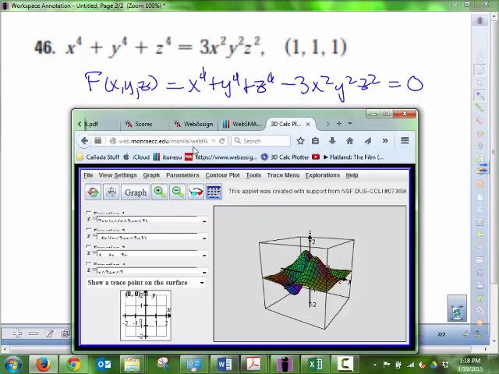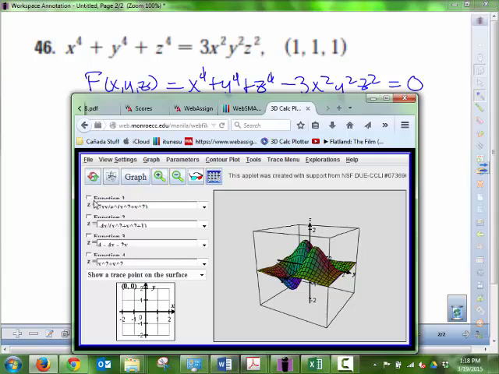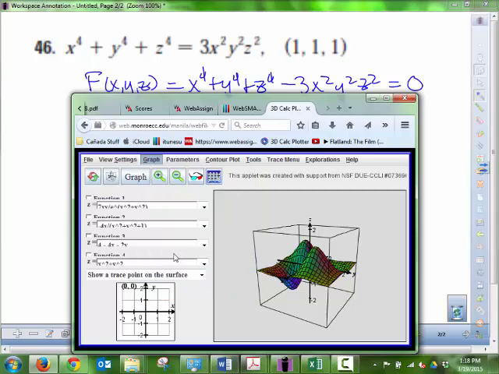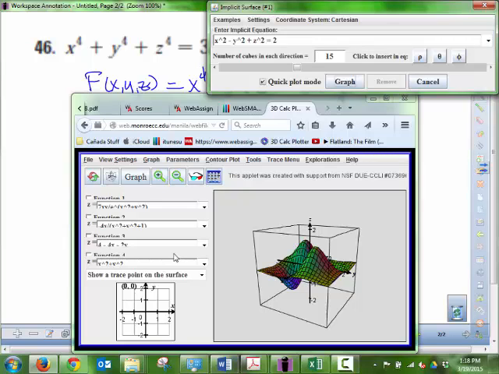So I'm going to unclick it. Boy, they shrunk it down, huh? So I unclicked it, and I'm going to look at the graph, and I want to graph an implicit surface. This allows me to create an equation with x's, y's, and z's in it, and then it'll graph it for me like an implicit surface.